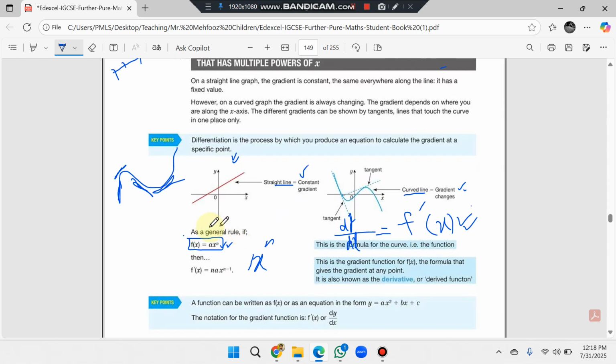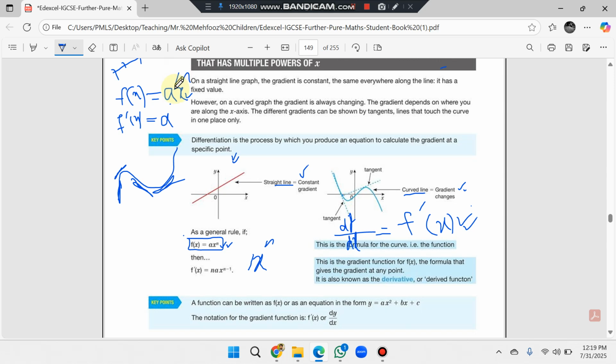Now if we are finding the derivative of ax raised to the power n, the simple method is that f of x is equal to ax raised to the power n, and f prime of x is equal to this a multiplied by this x raised to the power n. a is a constant, so a can be written outside of the derivative.